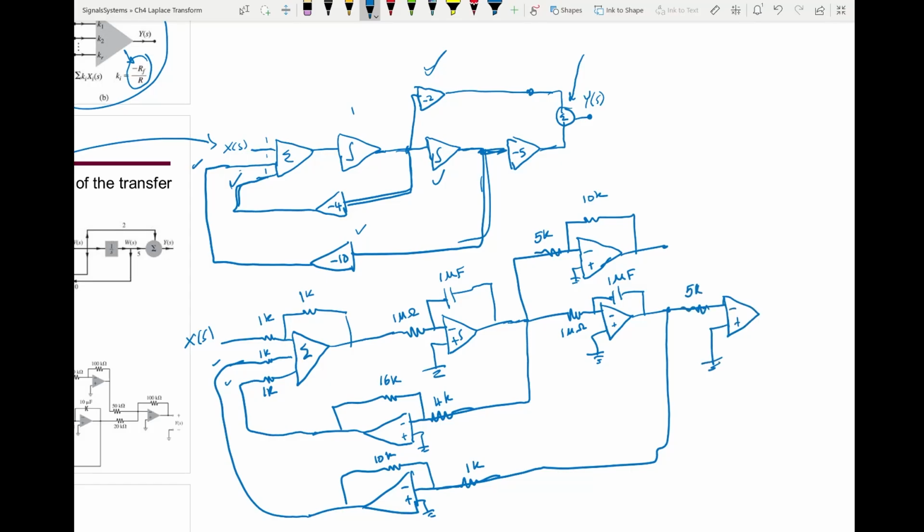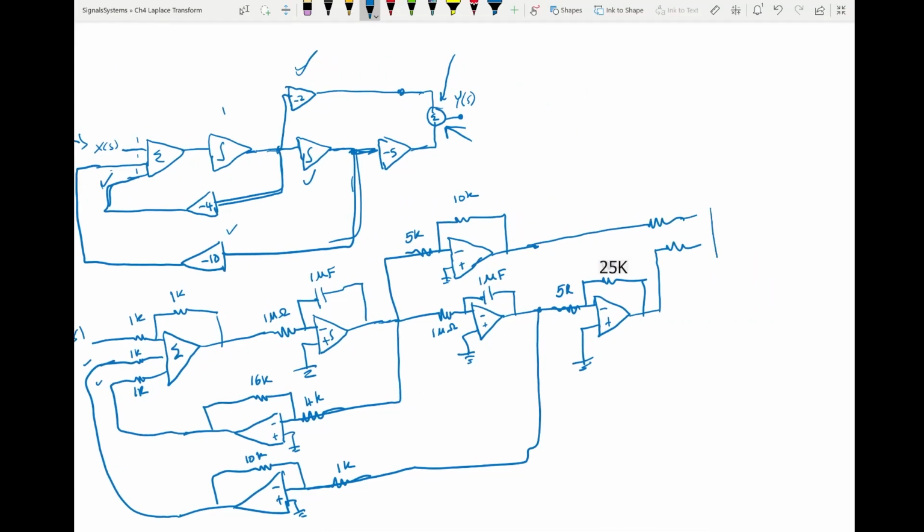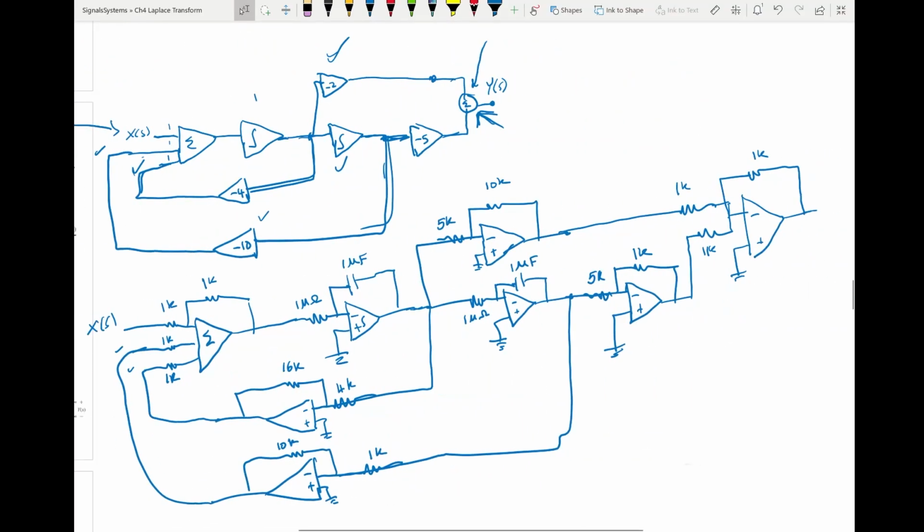So I can make this 5K and this is 1K. Then they go to the summing amplifier. And the summing amplifier gain is 1. So 1K, 1K, 1K. And that's the circuit.